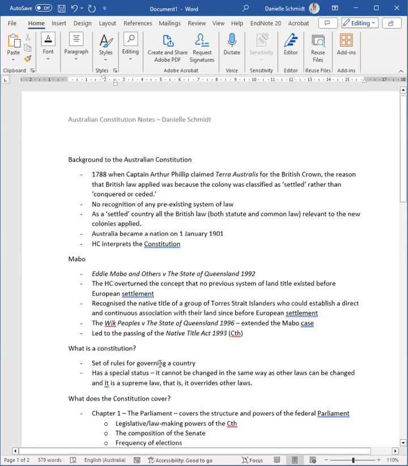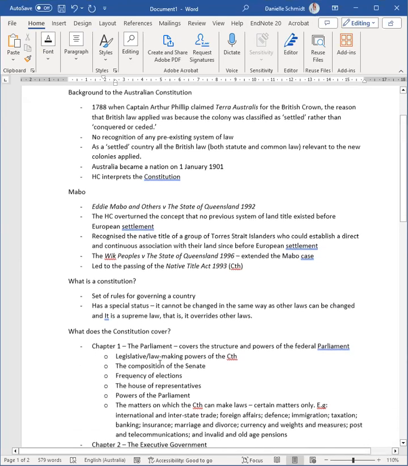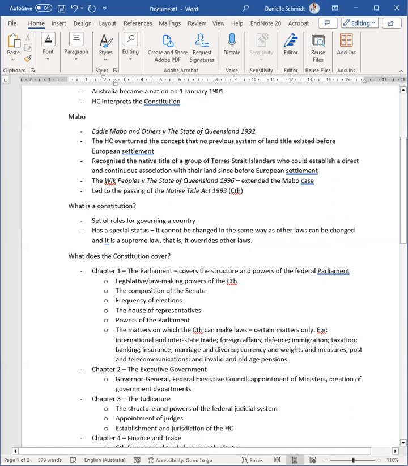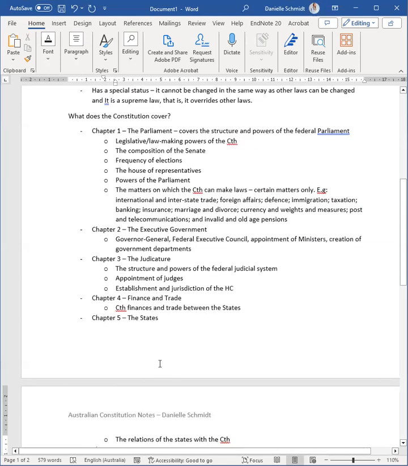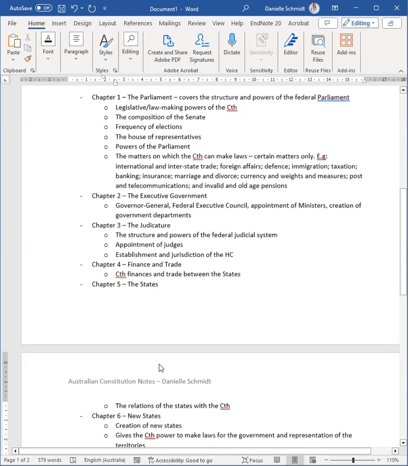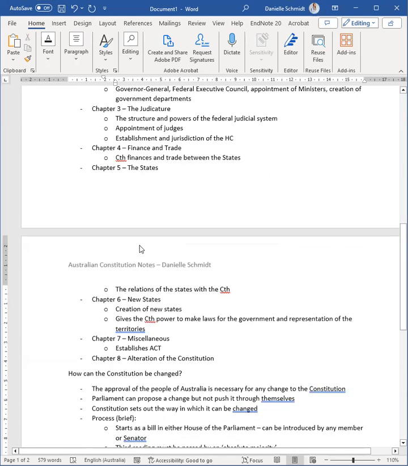This is what your rough notes should start looking like as you go through your lecture slides and your readings for the Constitution. Really, you want to make sure you know what each chapter of the Constitution is trying to achieve for Australia and where you need to go if you find a question. So really use the Constitution as your guidebook.